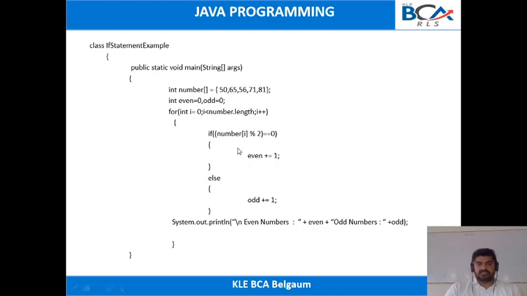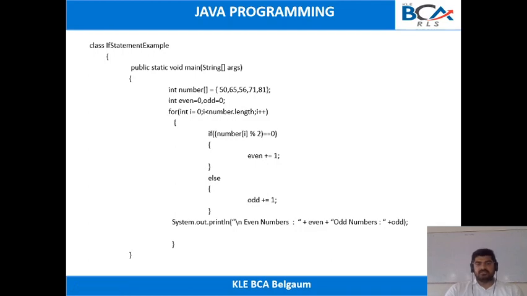Next, it will increment the i value. Now i points to 65. 65 mod 2 gives the result 1. So 1 is not equal to 0, and the execution will be transferred to the else block. Now you need to increment the odd value.